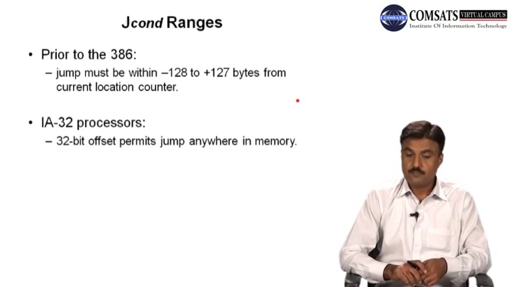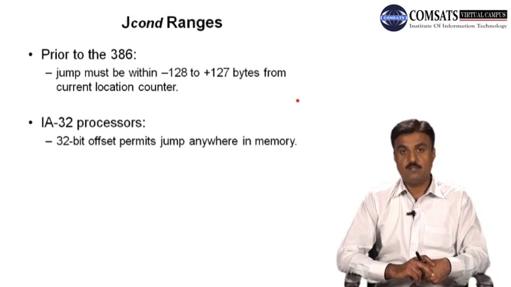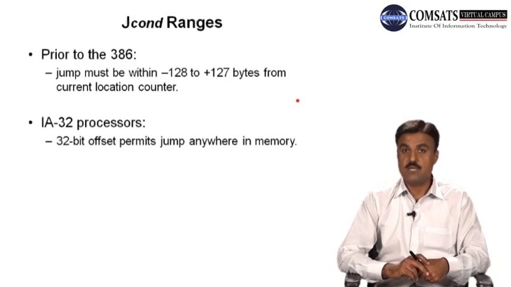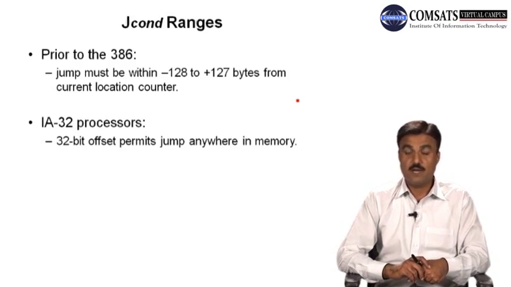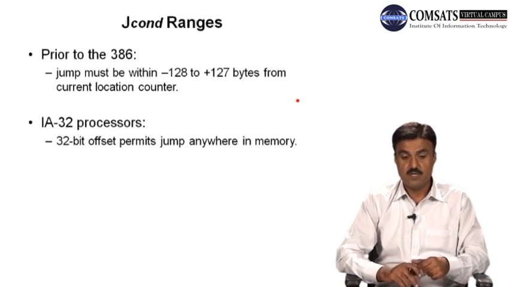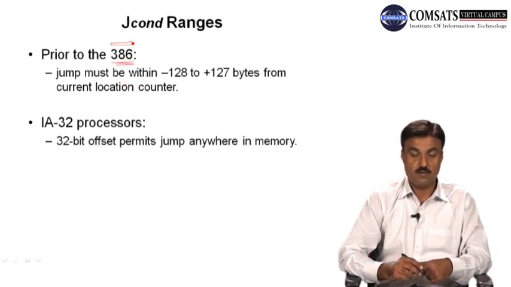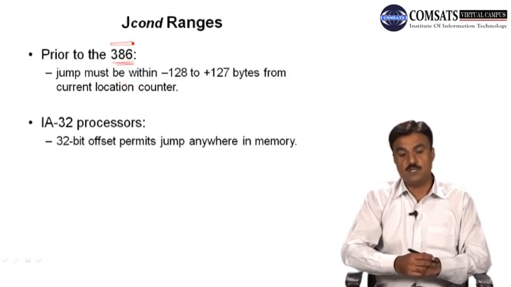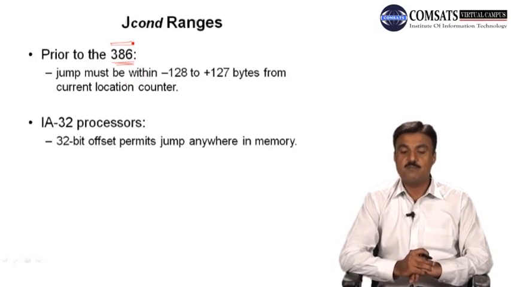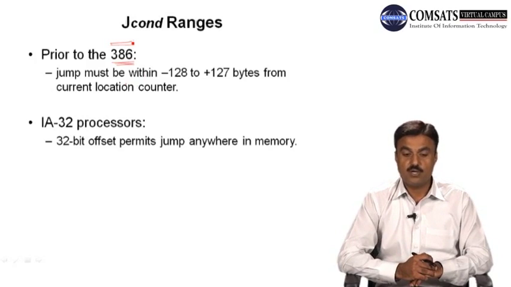Now, jump condition ranges: how far can it jump? As we already discussed, in the 286 and the previous modules we use segments, and there is a limitation. You can use an offset inside the code segment. For jumps before the 386, that is the 286 and the 16-bit and 8-bit processor architectures, the jump must be between -128 to +127 from the current location counter.